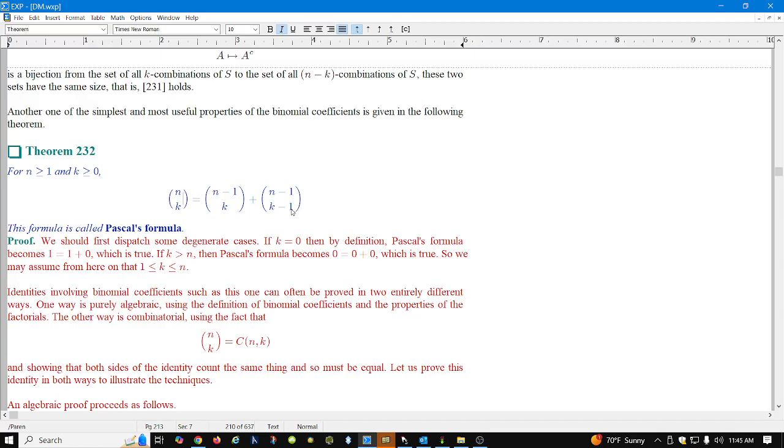So we get 0 equals 0 plus 0. So that's true. These are not very useful, but at least we don't have to make further restrictions on n and k. It might be easier to remember. But since we have taken care of the degenerate cases, we can now assume that k lies between 1 and n.